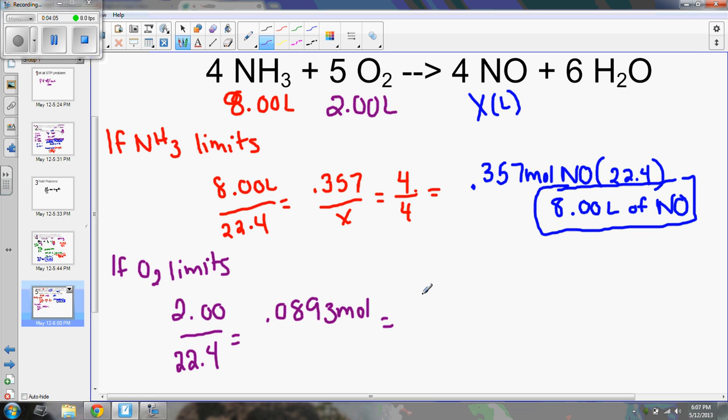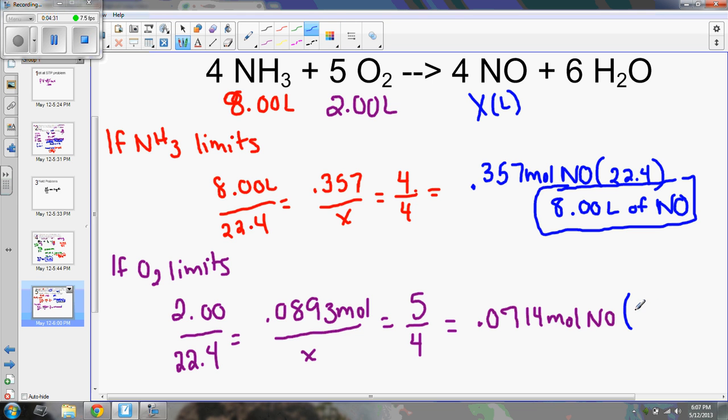My mole ratio that goes with that is 5 O2 to 4 NO, X NO. Set my chart up. 0.0893 times 4 divided by 5 is going to be equal to 0.0714 mole NO. Oops, should have switched to blue. Multiply by 22.4 to get back to liters. And if I start with 2.00 liters of O2, I get 1.60 liters of NO.